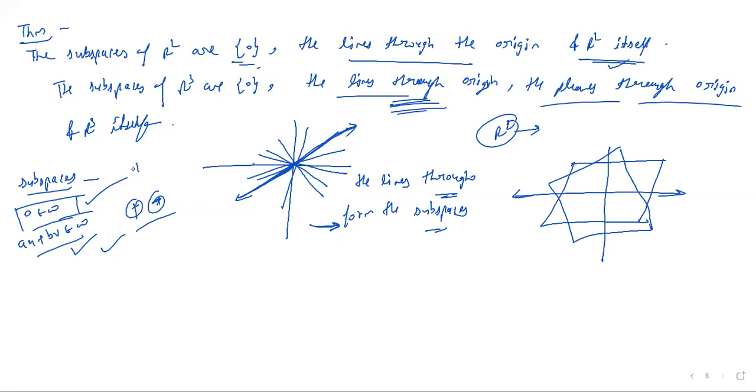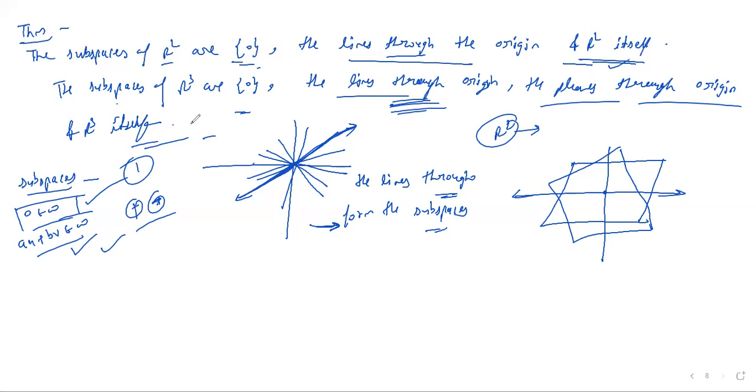They satisfy all the requirements of subspaces: they contain the zero vector, and they satisfy closure under addition and closure under multiplication. So from this we get that the subspaces of R square are zero, the lines through the origin and R square itself, and the subspaces of R cube are zero, the lines through the origin, the planes through the origin, and R cube itself.